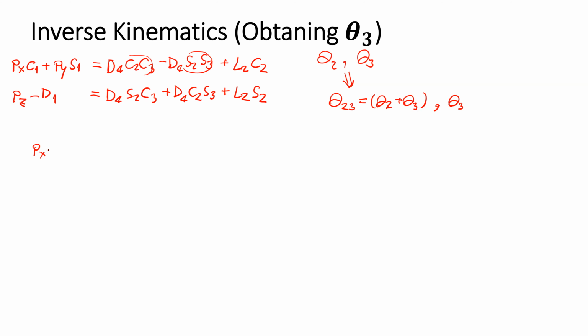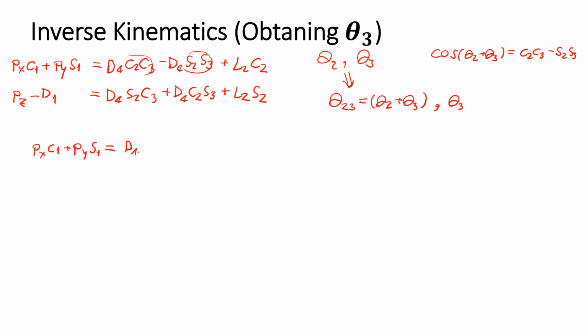Sure, we have Px C1 plus Py S1, and cos of theta 2 plus theta 3 is equal to C2 C3 minus S2 S3. So this one is just D4 C23 and L2 C2.